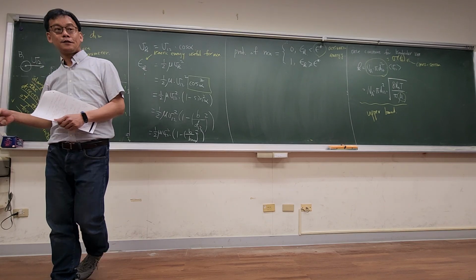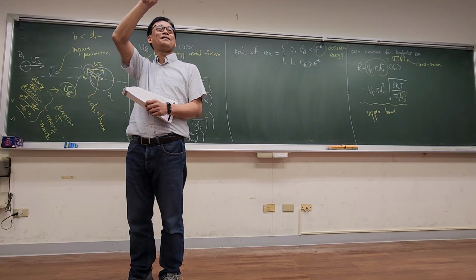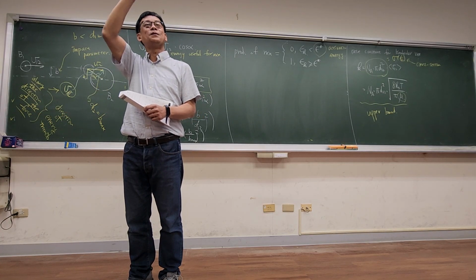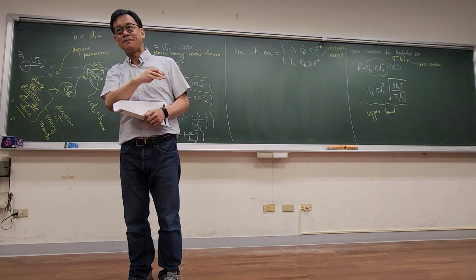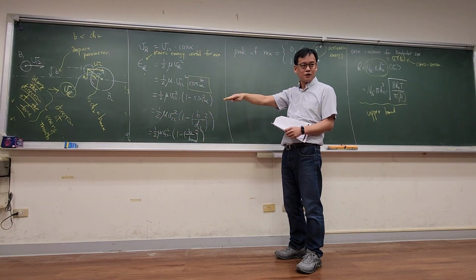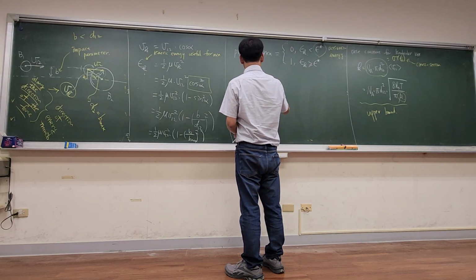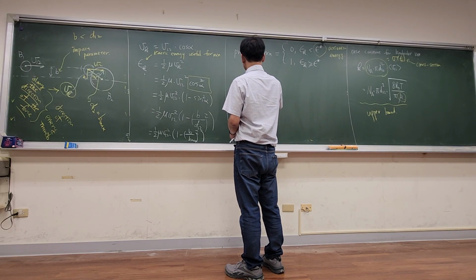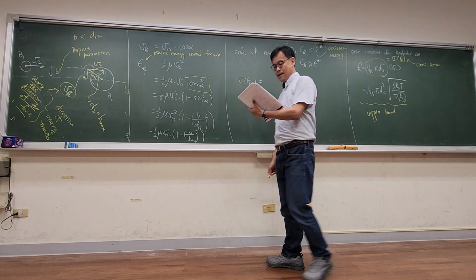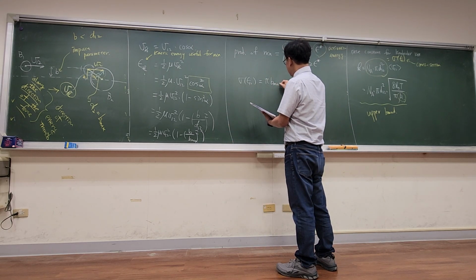And this part is in the homework problem. In the homework problem, I ask you to do this step by step. But after this integration, you can calculate the cross section as pi B maximum squared.